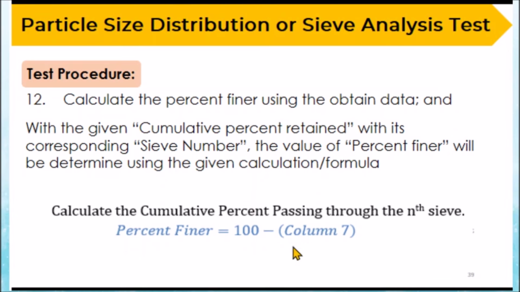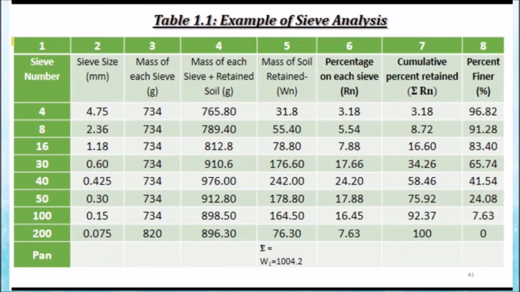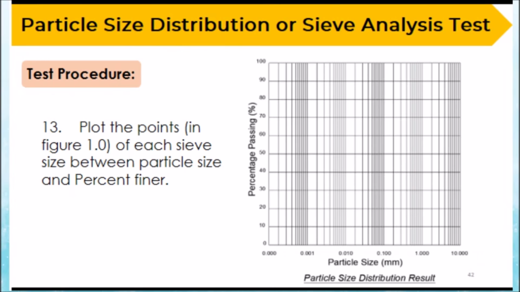That is, the percent finer is equal to 100 minus yung ating column number 7. Now, here is our final sieve analysis. Dito makikita natin that in sieve number 4, that is 96.82% finer. And then for sieve number 8, that is 91.28% finer, and so on.